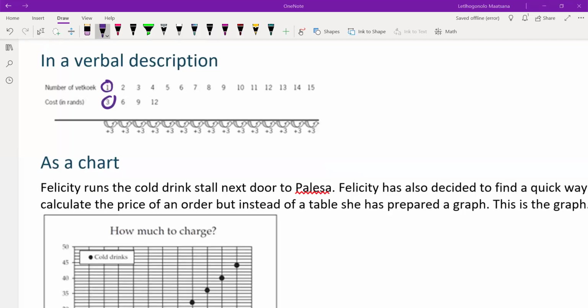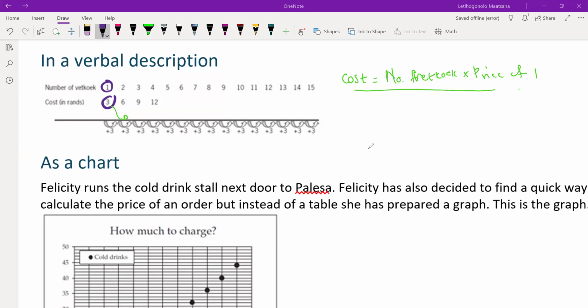So what we can say is that the cost of the vetkoeks would be the number of vetkoeks that you buy multiplied by the cost of one vetkoek, where one vetkoek is equal to 3 rand. So cost would be equal to the number of vetkoeks multiplied by the price of one, which is 3 rand. That's how we will say it in words.